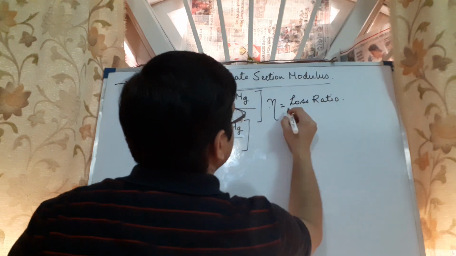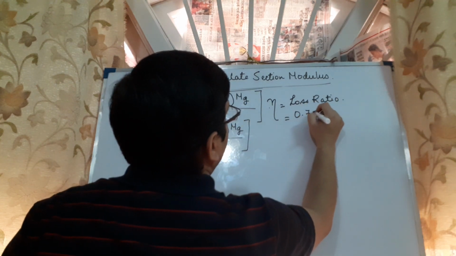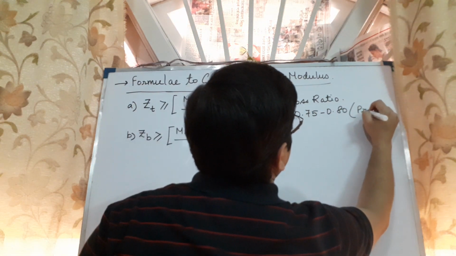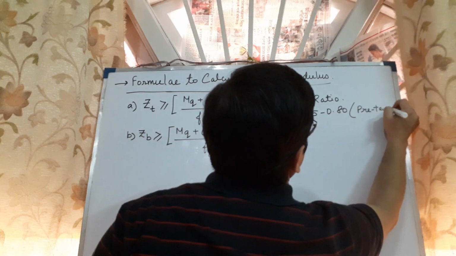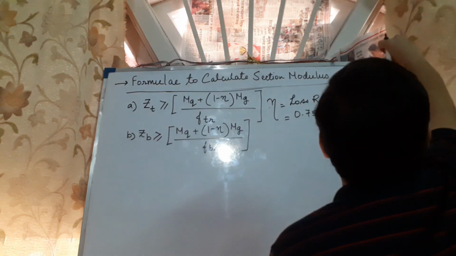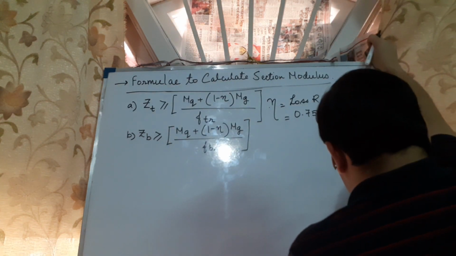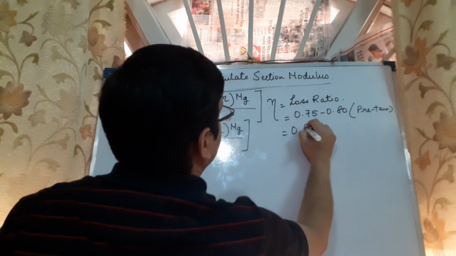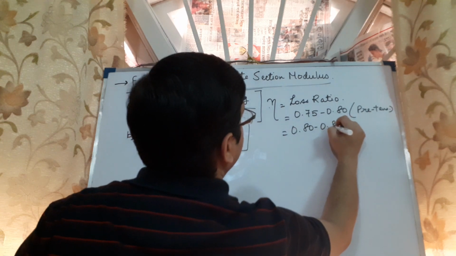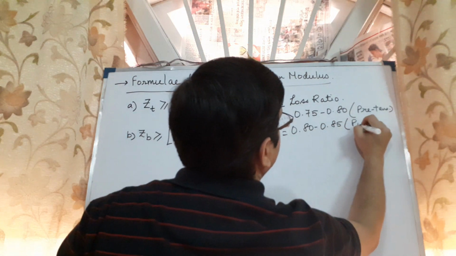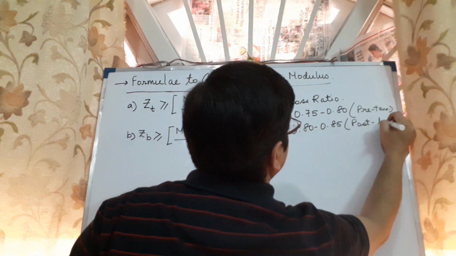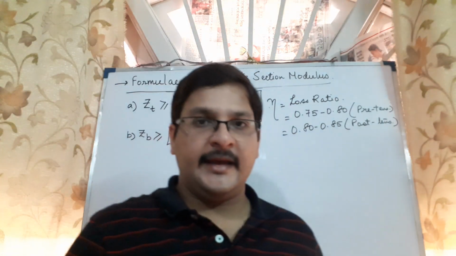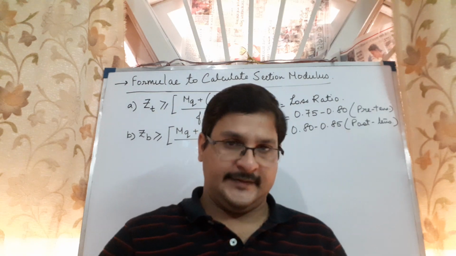Eta is the loss ratio, that is 0.75 to 0.80 for pre-tensioning, right? And it is 0.80 to 0.85 for post-tensioning.